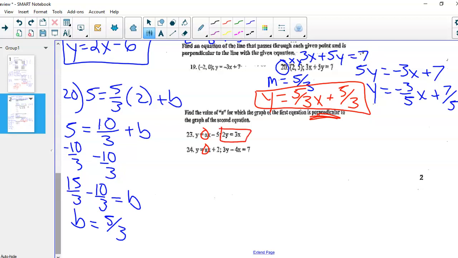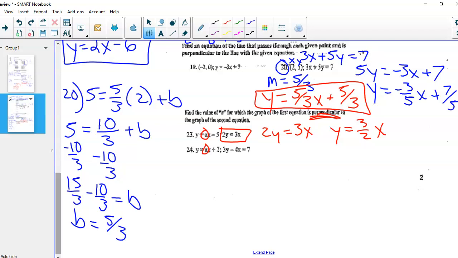So if we solve this equation, we would be dividing by 2. So that would be our second equation.